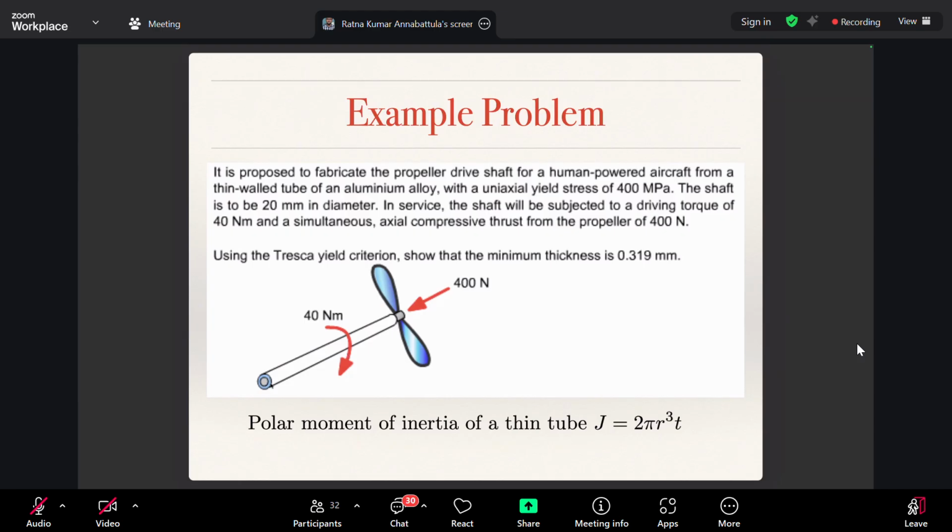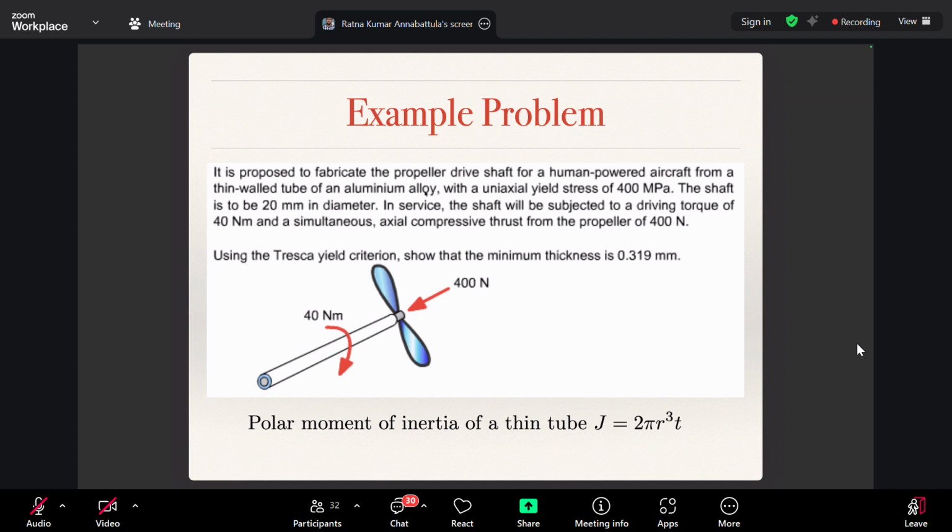This is a hollow shaft. The shaft is to be 20 mm in diameter. In service, the shaft will be subjected to a driving torque of this, and you need to find out the wall thickness. In the case of polar moment of inertia, this R will be 10 mm. We need to find out what thickness is needed for this shaft to not fail.